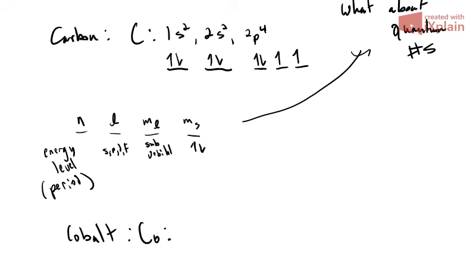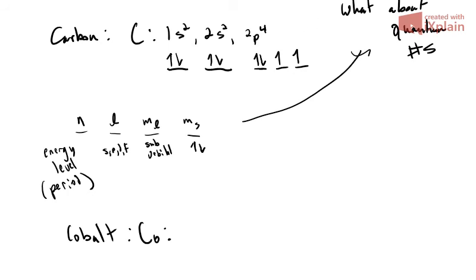Now, cobalt is in the 9th group. It is a transition metal, and it has 27 electrons. Its 27th electron would be its last, but everything leading up to that will be its core electrons. And so it follows the same pattern that we saw up here.